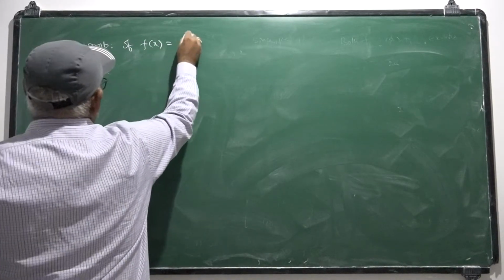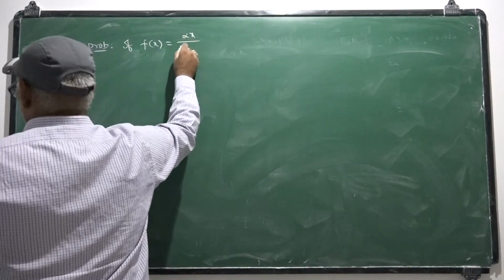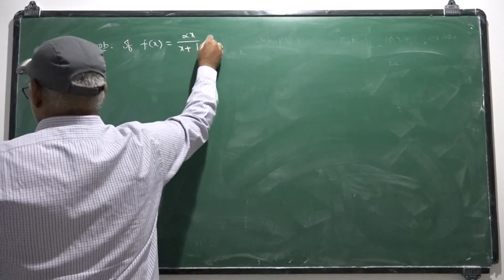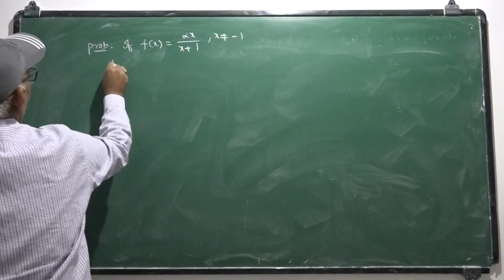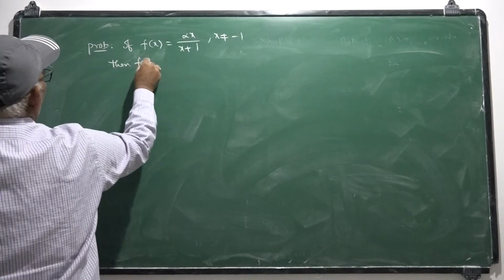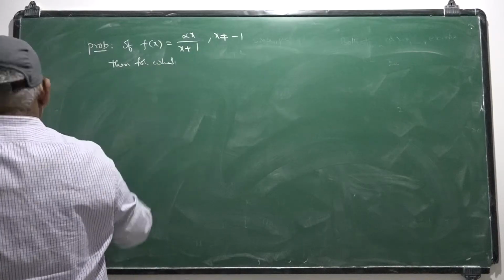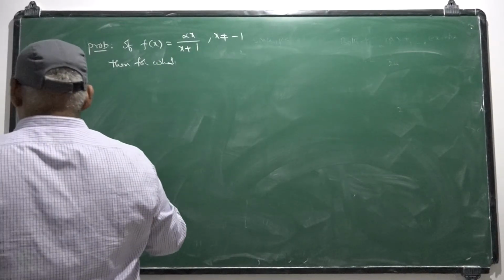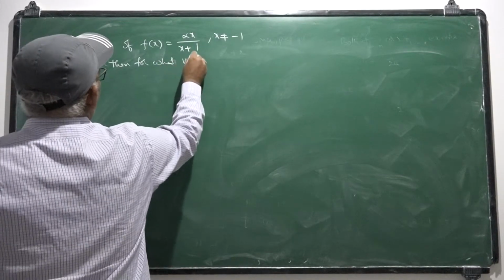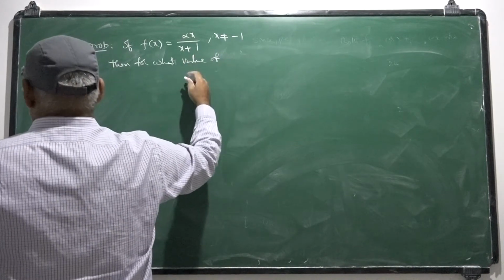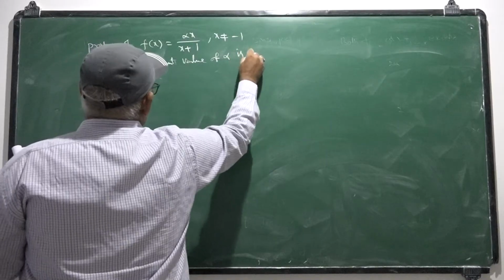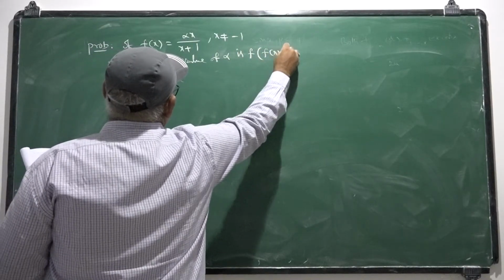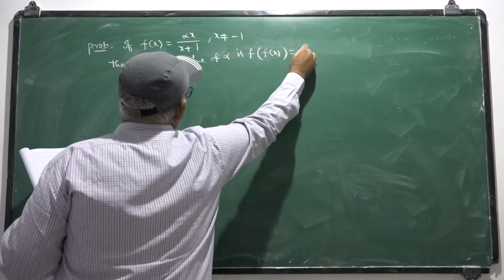If f(x) equal to alpha x by x plus 1, x not equal to minus 1, then for what value of alpha is f of f of x equal to x.